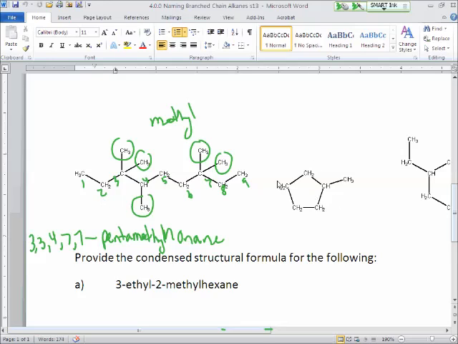Okay. Now we've got a cyclic one. We don't include the external branches as the main name, just the ring. 1, 2, 3, 4, 5. That makes this a cyclopentane. Very nice. I got a branch. If I had 2 branches, I would need numbers. But there's only 1 branch.